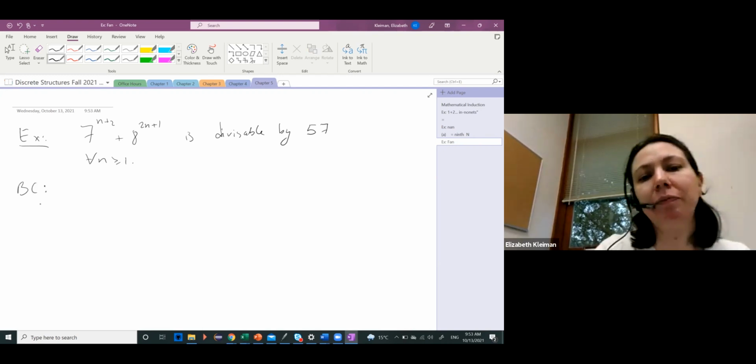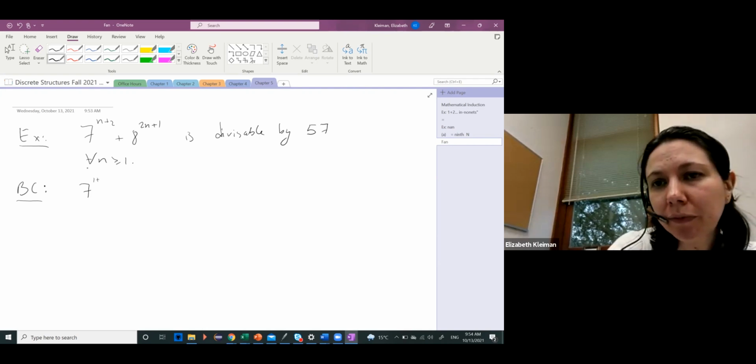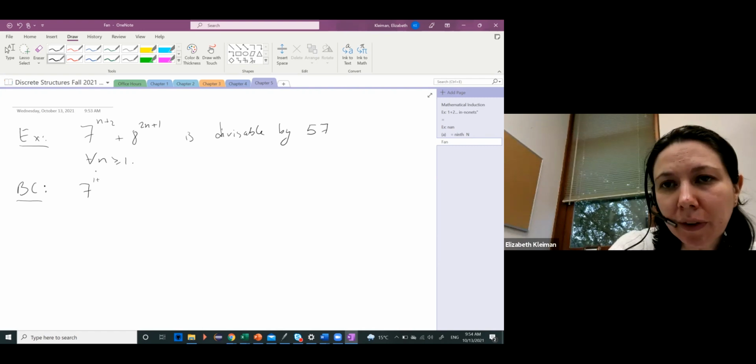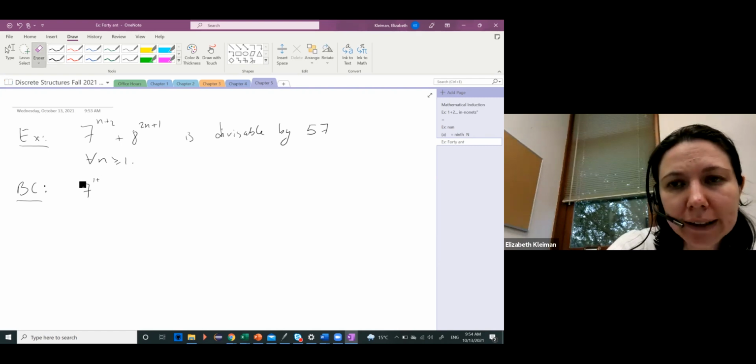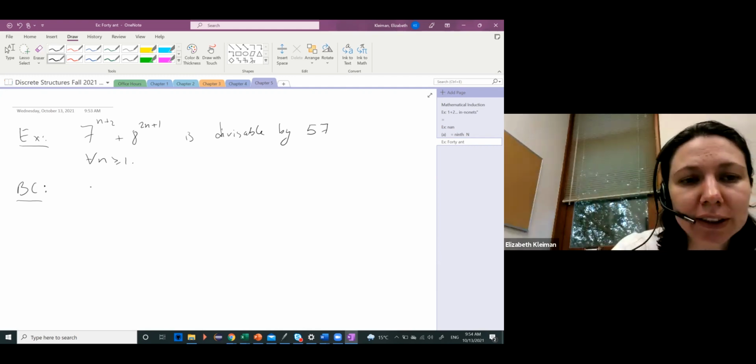Base case. So let's look at it. 7 to the power 1... yes, thank you, Cody, for answering. You're right, this is coming from the induction assumption. This is why I wrote IA on the equal sign.